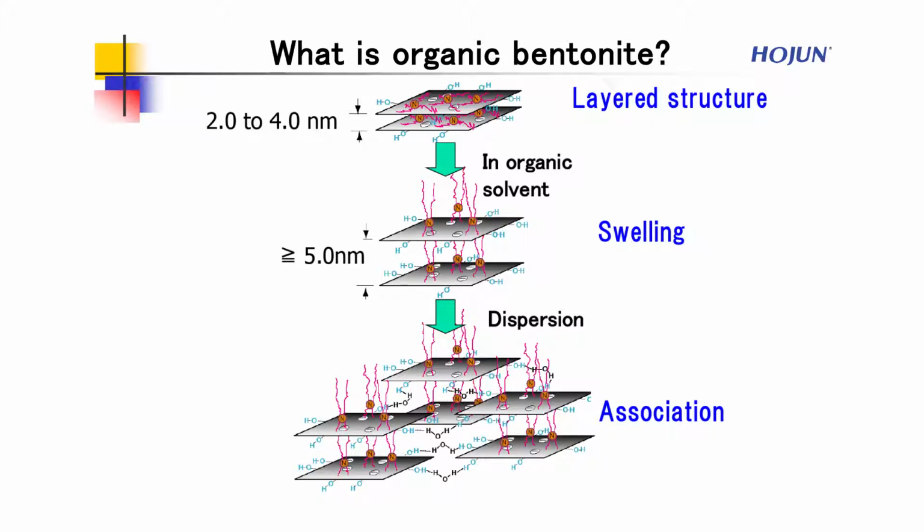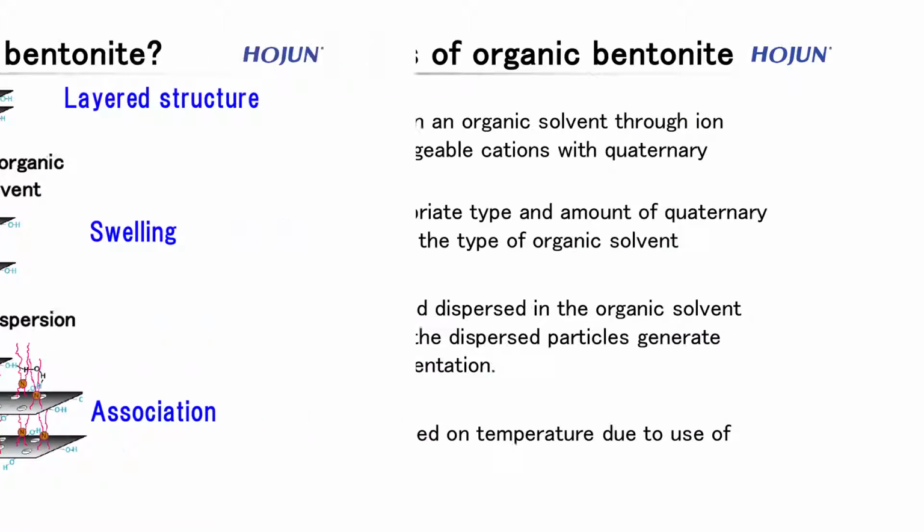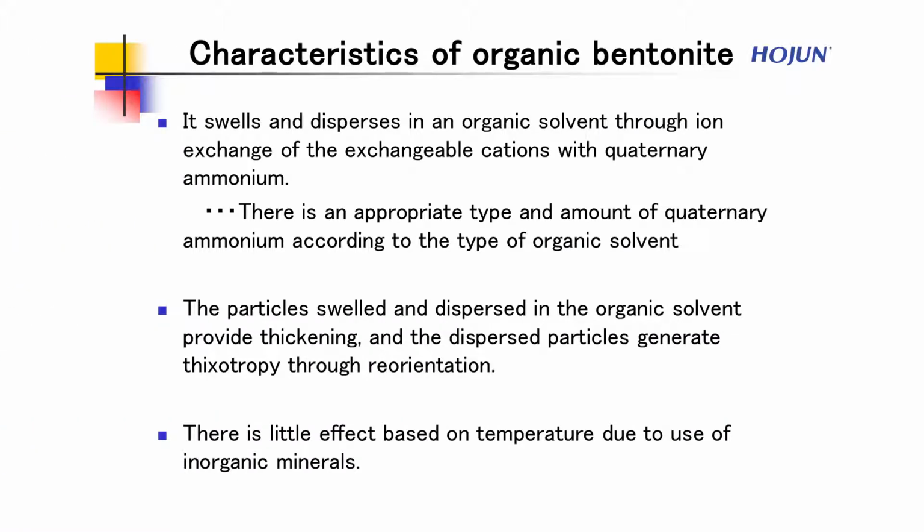Organic bentonite manufactured in this manner is swelled and dispersed in an organic solvent, and thickening and thixotropy are generated based on the association structure. The characteristics of organic bentonite are that it swells and disperses in an organic solvent through ion exchange of the exchangeable cations with quaternary ammonium.